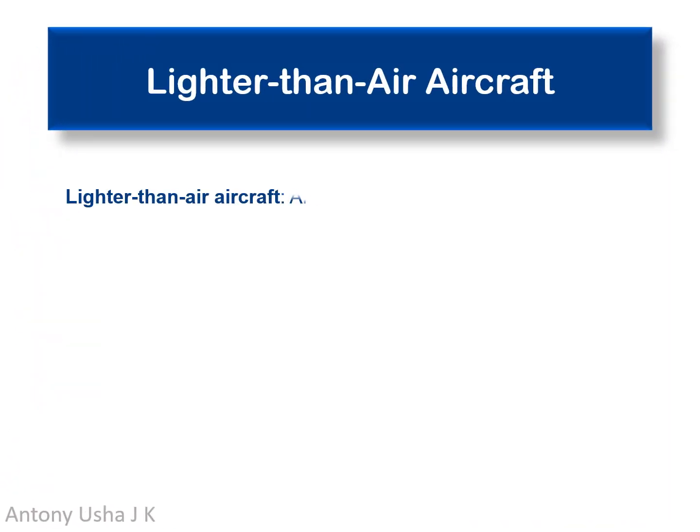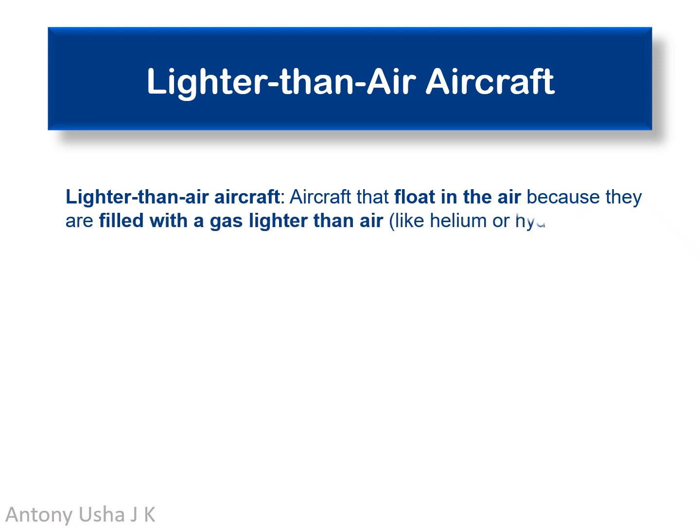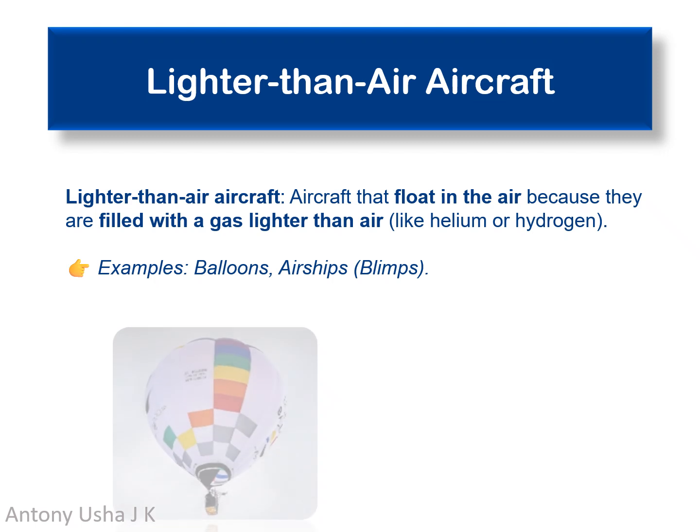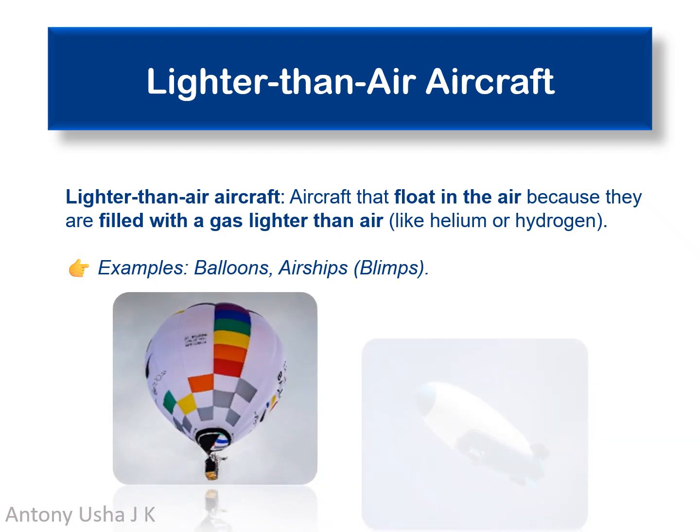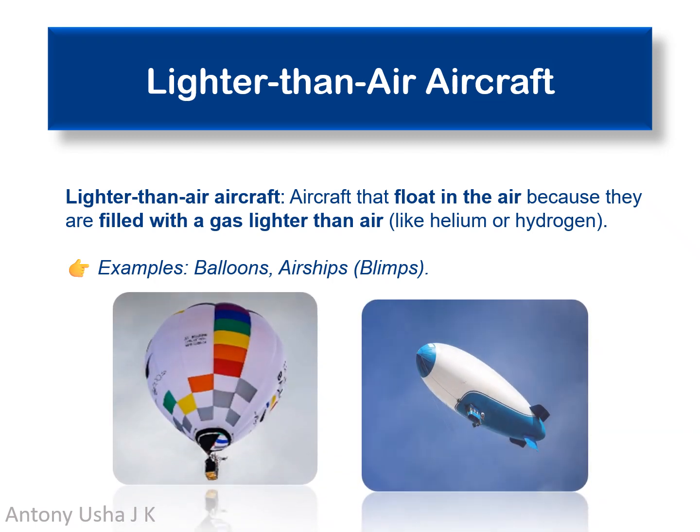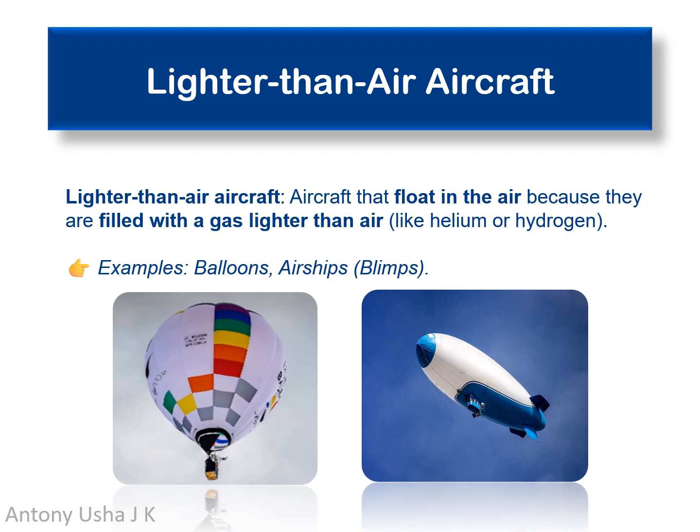Lighter than air aircraft. These are aircraft that float in the air because they are filled with a gas lighter than air, like helium or hydrogen, which are less dense than air. Think of graceful balloons and iconic airships like blimps drifting through the sky.